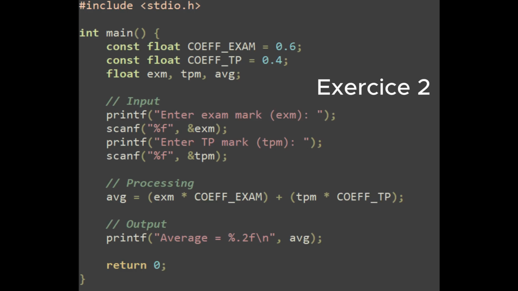Outputs: the calculated average, AVG. Explanation: the coefficients are declared as constants to ensure they don't change during execution. The program multiplies the exam score by 0.6 and the practical work, TP, score by 0.4. Then sums them to get the final weighted average.